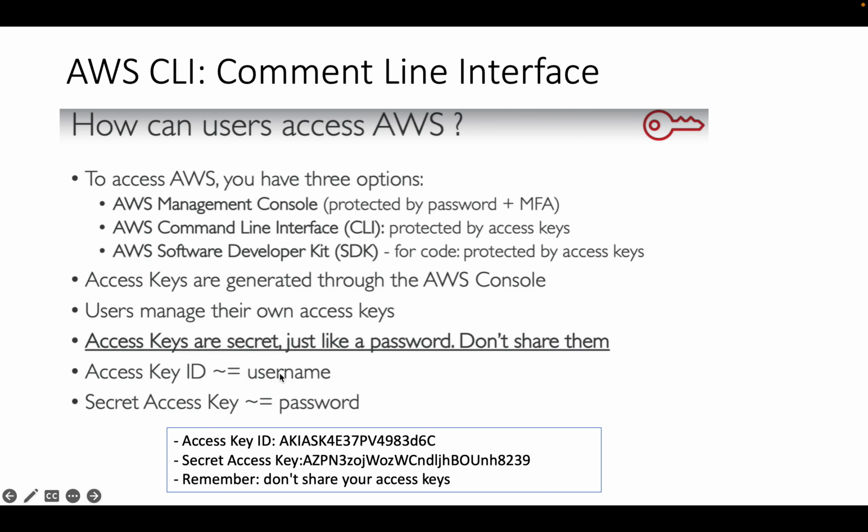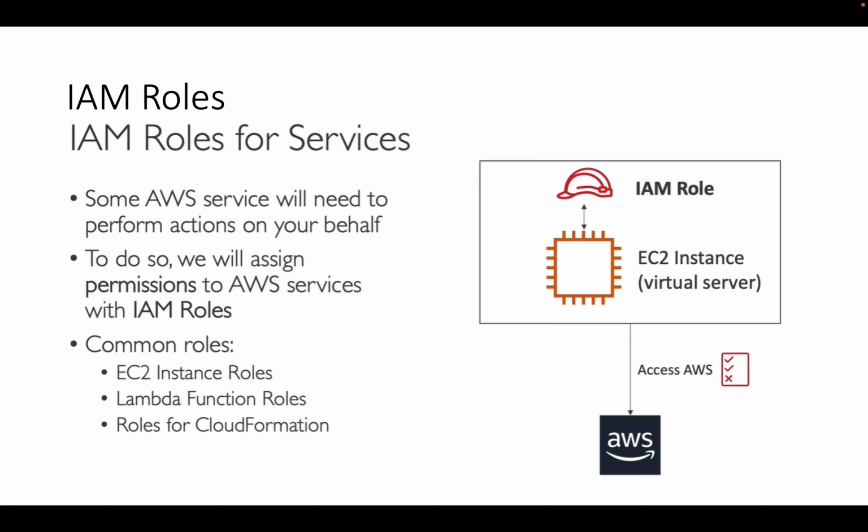The access key ID is like a username, and the secret key is like a password, as in the example given here. They are generated by AWS Cloud itself, so don't share them with anyone. It is your own credential. Please remember that. Next we are going to talk about the IAM role.